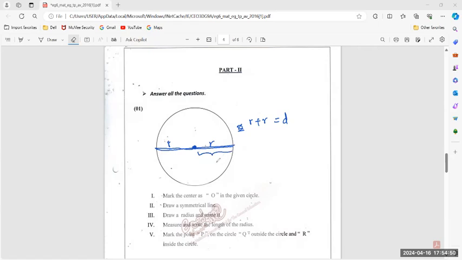So they are asking to draw radius and name it as R. You have to draw radius this way and name it as R. Measure and write the length of the radius. So keep your ruler and measure it and write. Mark the point P on the circle, Q outside the circle, R inside the circle.